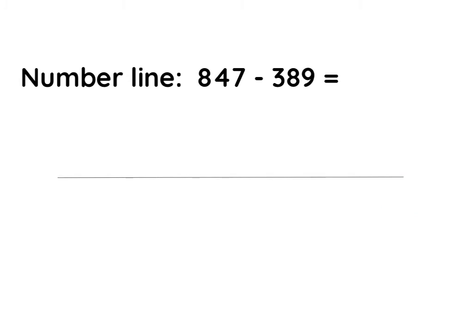Now 847 minus 389. We put the smaller number on the left, the larger number on the right. Now, as I look at this, I know if I add 400, it's going to be less, because that's only 789. But if I add 400, it will be more.